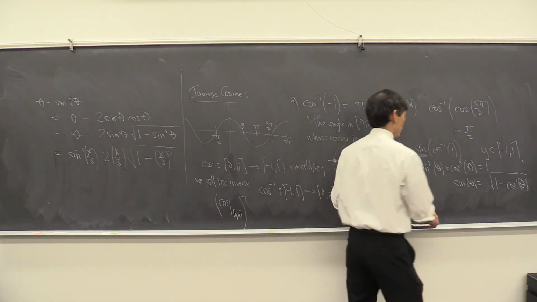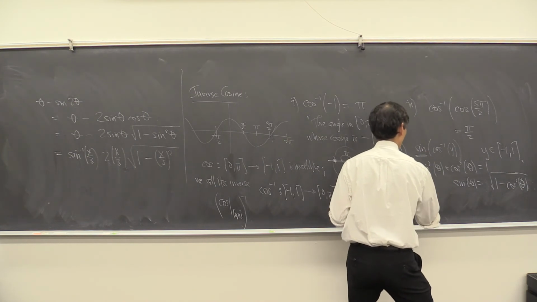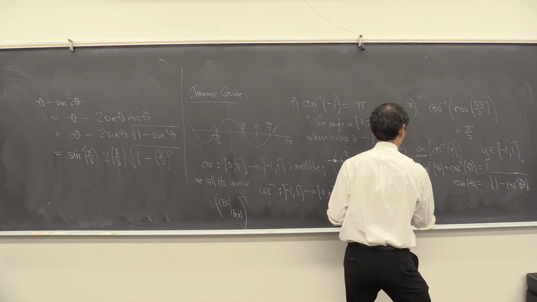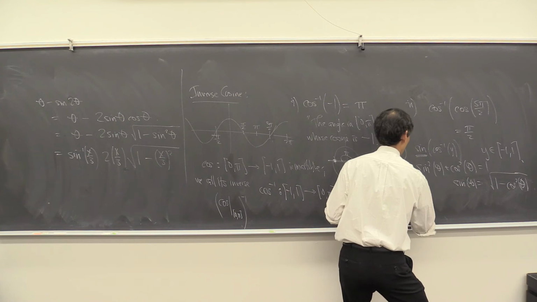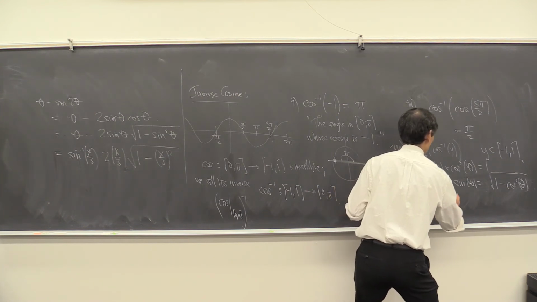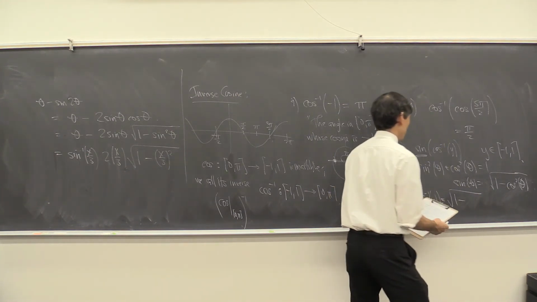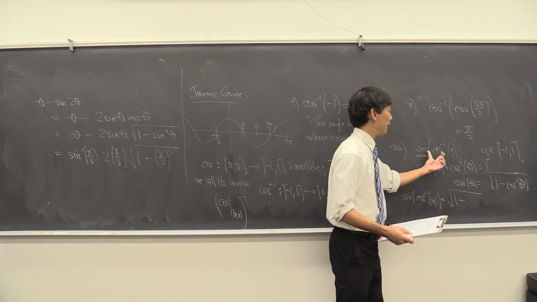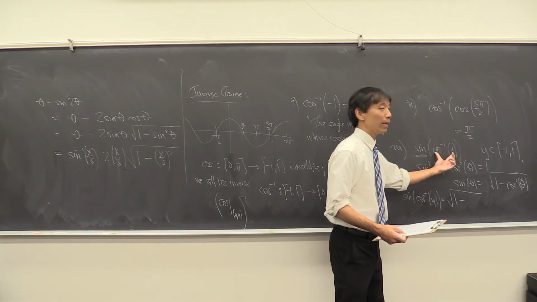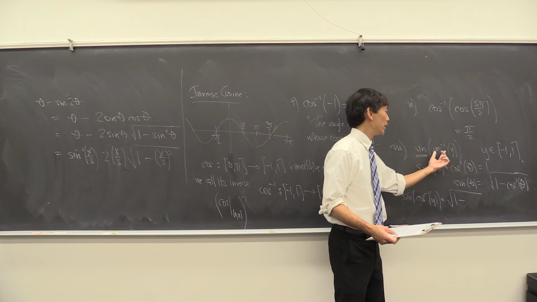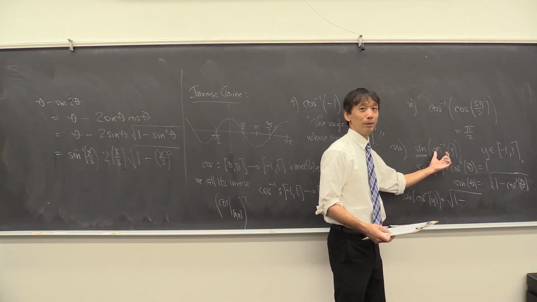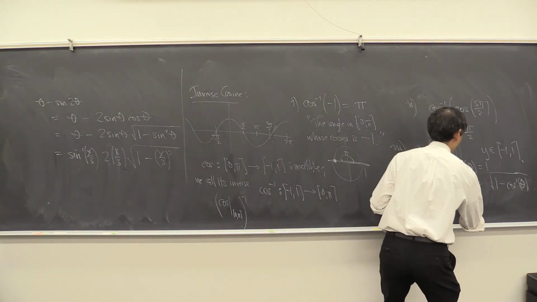So what do we get? The sine of cosine inverse of y is the positive square root of 1 minus the cosine of that angle squared. But the cosine of that angle is y. So we get the square root of 1 minus y squared.